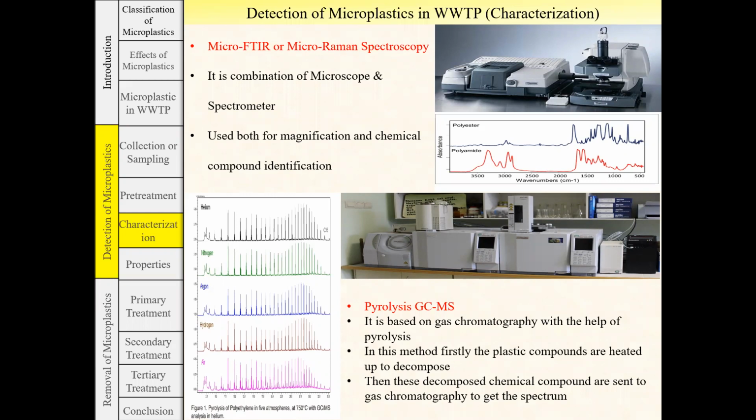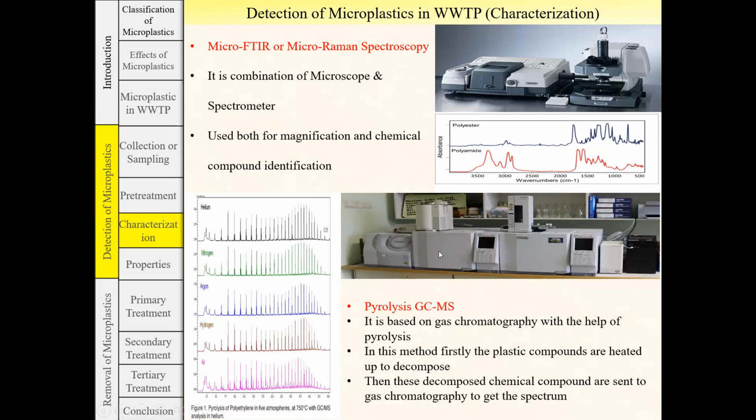Another method, the last one, is gas chromatography with mass spectrometry, with the help of pyrolysis. So we have to know what pyrolysis actually is. Pyrolysis is basically a decomposition process of plastic or solid waste through heating. After pyrolysis, we take those microplastics to another instrument called the gas chromatograph, as you can see in this figure.